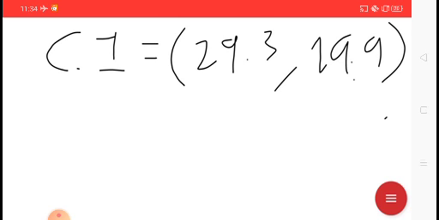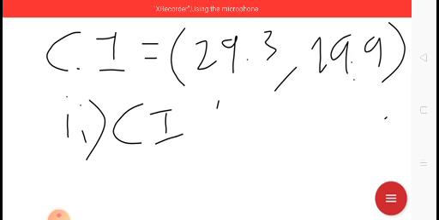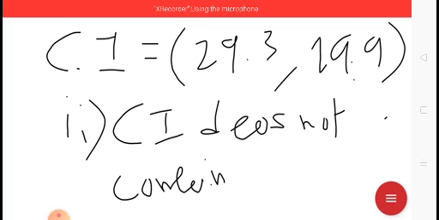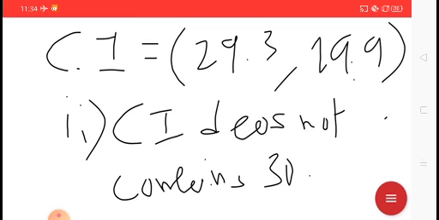So for part 2, you can say the confidence interval does not contain 30. So what does that mean? It means the manufacturer's claim is not supported.